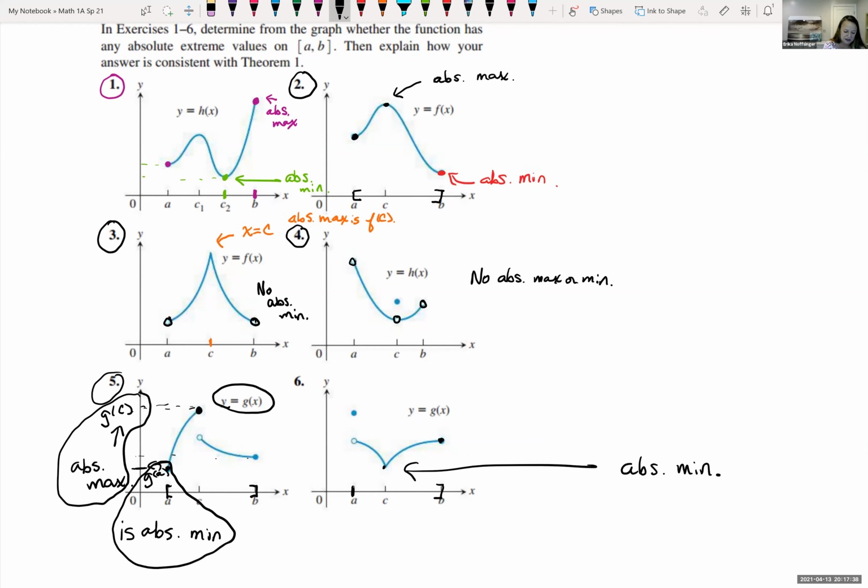You look at this here, this is a closed point. And so this actually is a highest value here. So f of A is an absolute max.